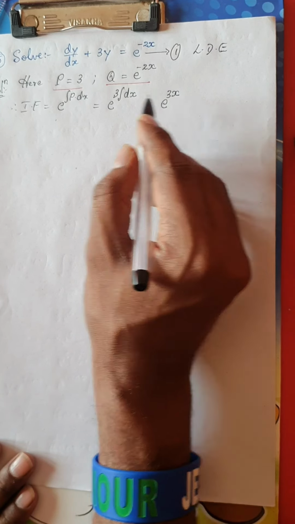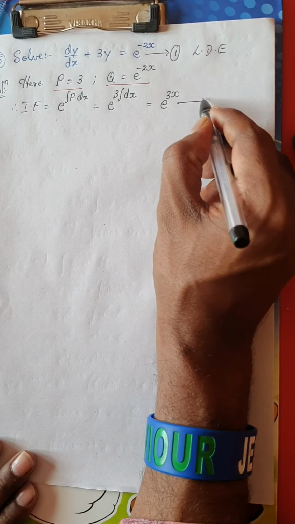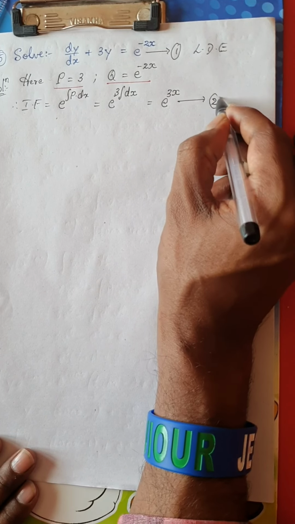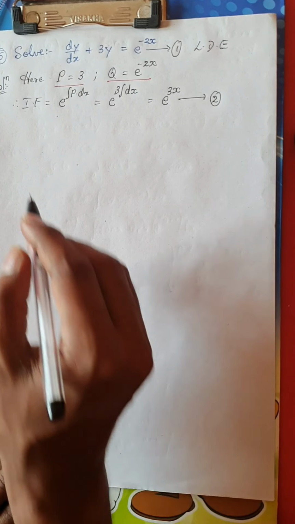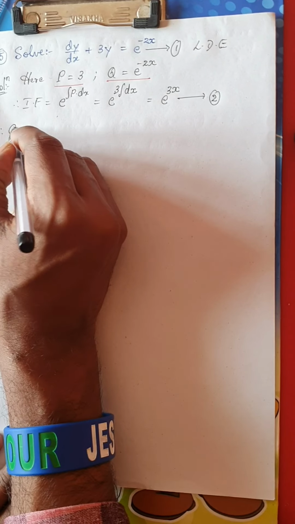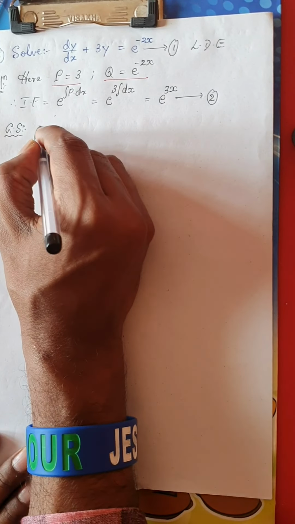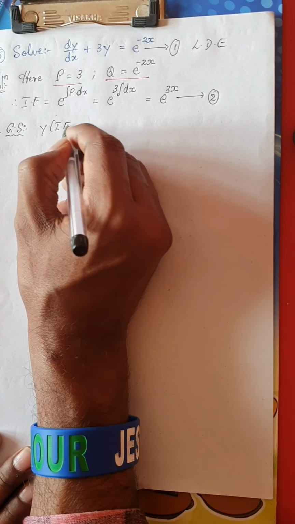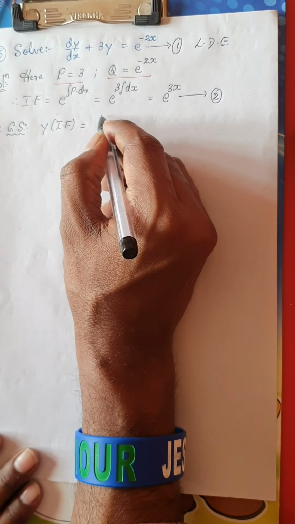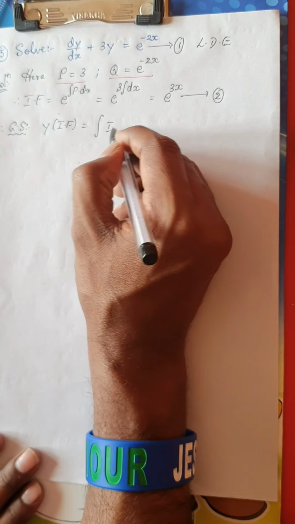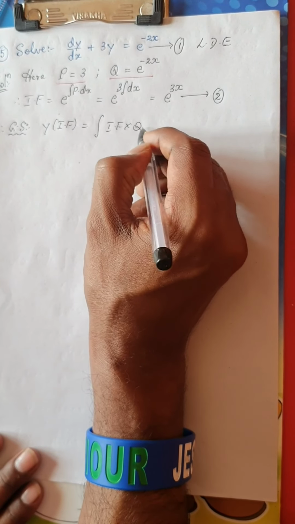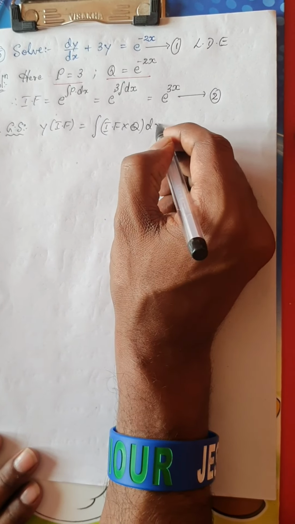Now, if you want, you can always consider the integrating factor as the second equation. Therefore, let me consider the general solution. The general solution formula is y into integrating factor is equal to the integral of integrating factor into q dx.